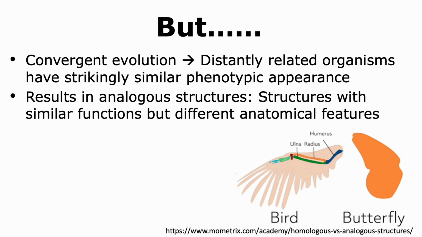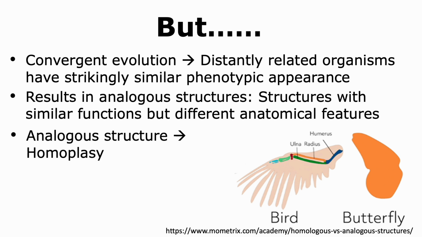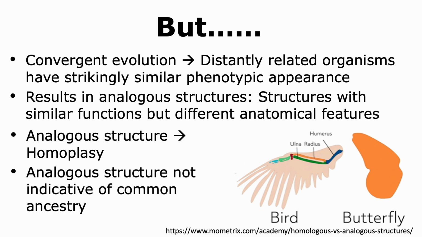However, when we look at their anatomical features, the wing of the bird has bones that support the wing, but we don't see the presence of any bones in the butterfly. Thus, analogous structures, which are also called homoplasies, are not indicative of common ancestry and thus should not be used to determine evolutionary relationships.